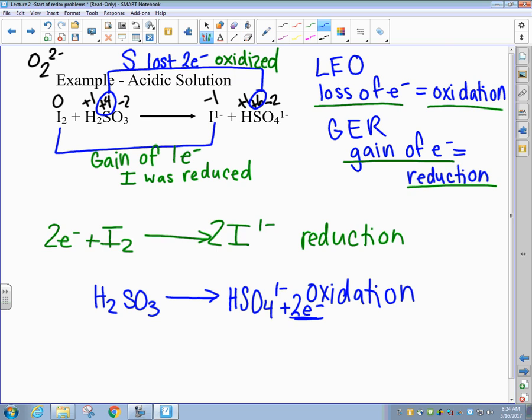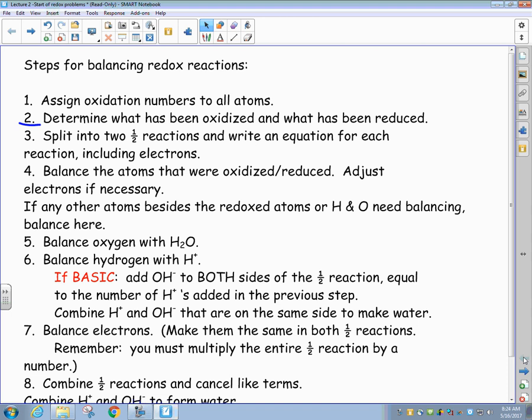So first I'll check my atoms. On the left, I have 3 atoms of oxygen, and on the right, I have 4. Because my number of oxygen atoms don't match, I need to balance them. If we go back and look at our rules for balancing redox reactions, we're at step number 4.